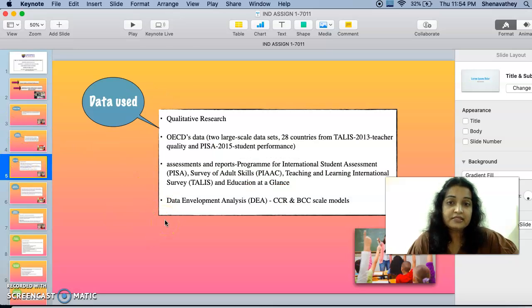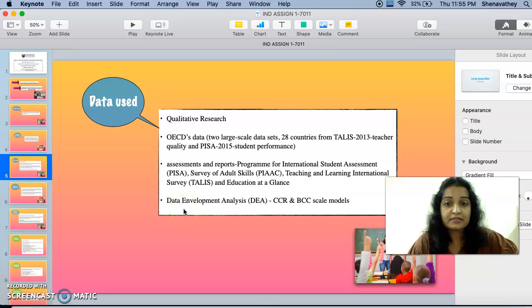So this is a qualitative research, and the data used are several. First is the OECD's data, which incorporates two large-scale datasets: 28 countries from TALIS 2013, which emphasizes teacher quality, and PISA 2015, which emphasizes student performance.